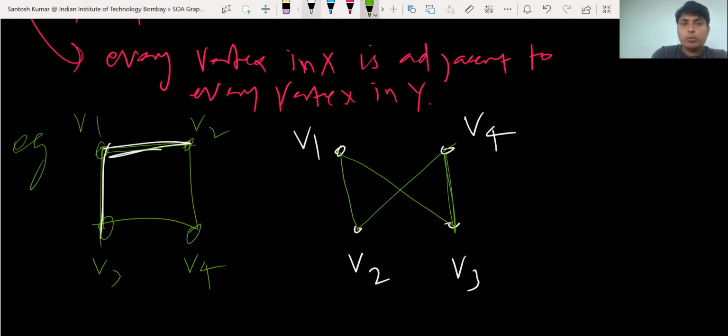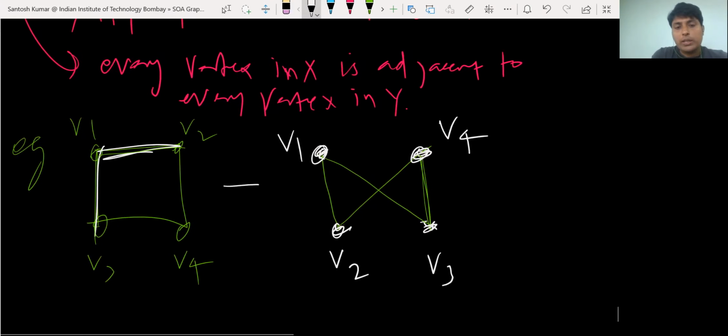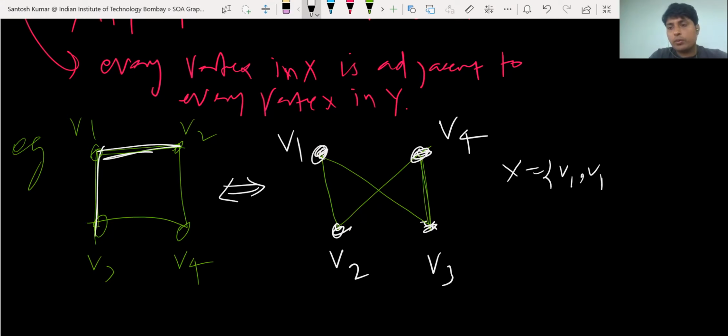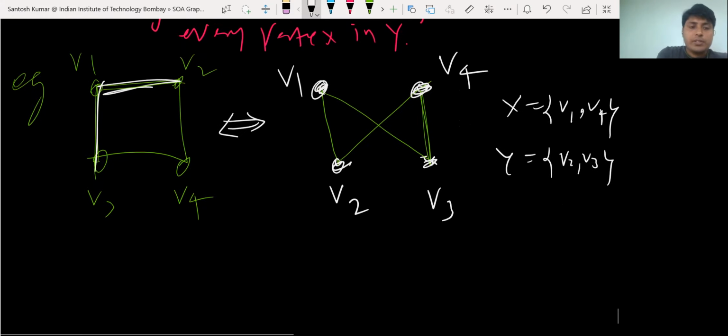So what do you see? Both are actually the same graph. The X set here is V1, V4, and the Y set is V2, V3. There are 4 vertices in the graph, and this is C4 also.